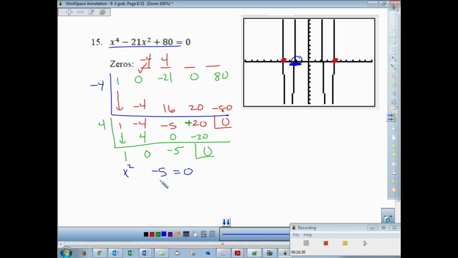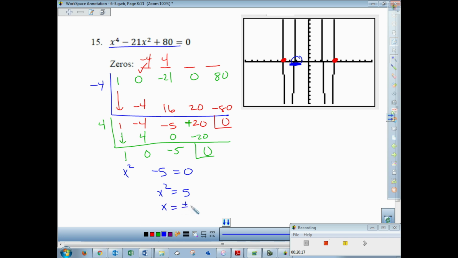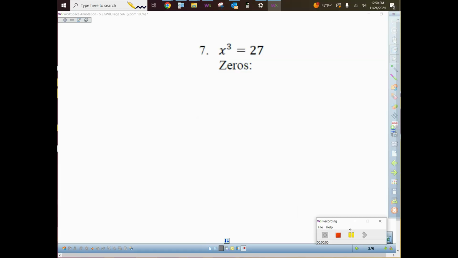You don't have to complete the square. Get x squared all by itself. x squared equals 5. So how do you solve for x? Square root: x equals plus or minus the square root of 5. Notice they come in conjugate pairs. You get the positive square root of 5 and you get the negative square root of 5. Your irrational roots always come in.